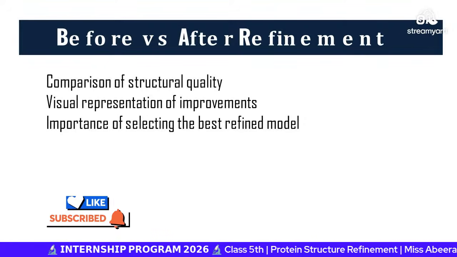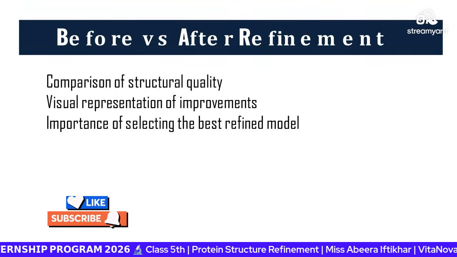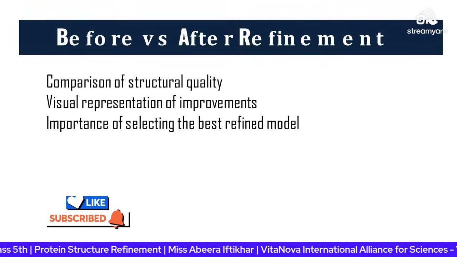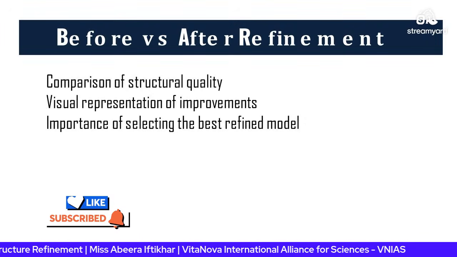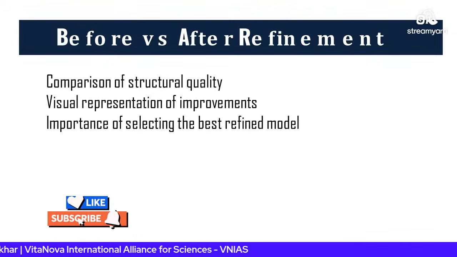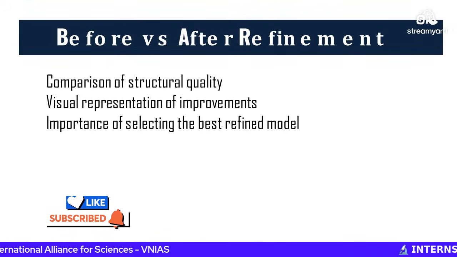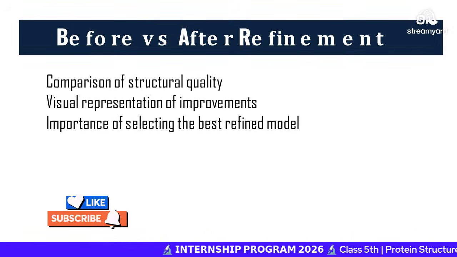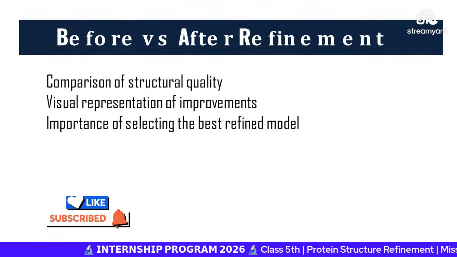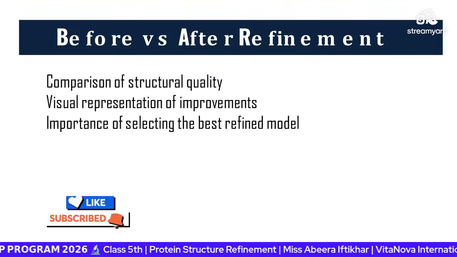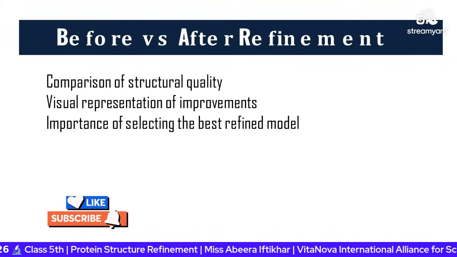Like the predefined model shows this RC plot result, and the post refinement model shows this RC report result. So we can go with any kind of comparison like this for the structural quality, and you can check the visual presentation of your improvement along with properly cited plots, along with the importance of selecting the best refined model.